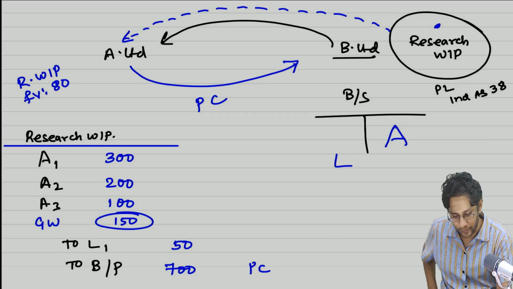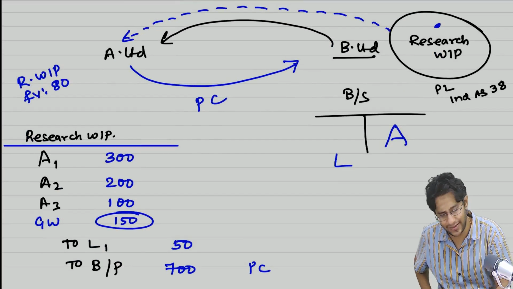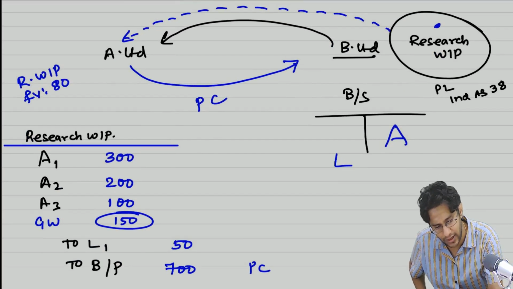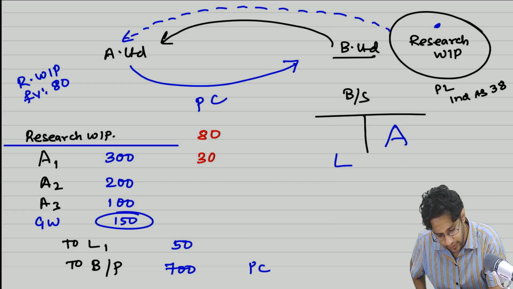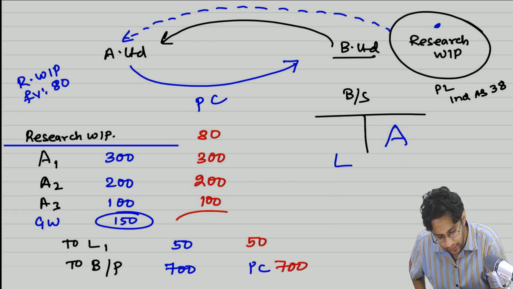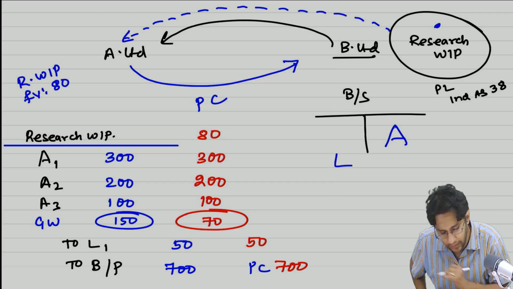Okay. Now, if you recognize research WAP, then what will happen? If you recognize research WAP, then this will be 80, this will be 300, this will be 200, this will be 100, this will be 50, this will still be 700, but the balancing figure will be 30.